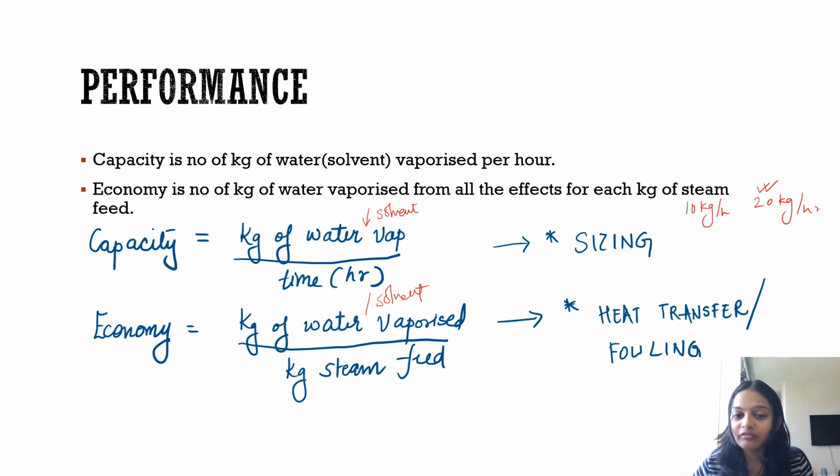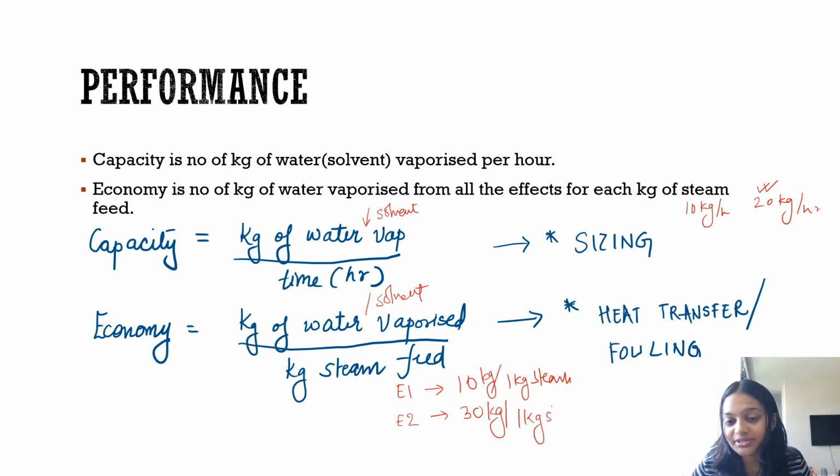For example, you have one evaporator with an economy of 10, as it has no unit, and a second evaporator with an economy of, let's say, 30. By feeding 1 kg of steam, the first is able to evaporate only 10 kg of solvent, whereas in evaporator 2, from 1 kg of steam you are able to evaporate 30 kg. So E2 has a higher economy, or you can say a higher heat transfer rate, if other parameters are constant.